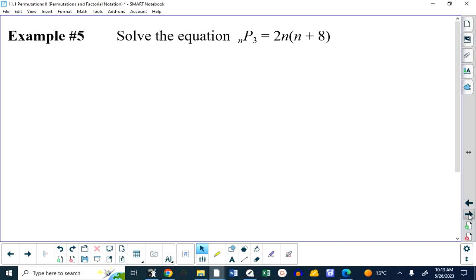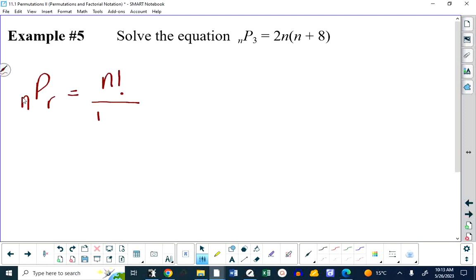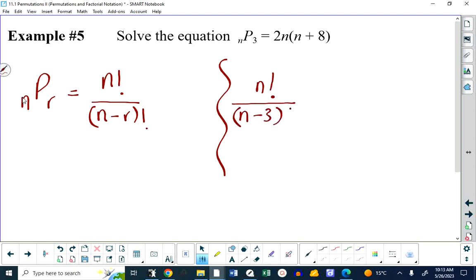In order for us to solve this, we have to look at nPr on our formula sheet as n factorial over n minus r factorial, and customize this equation using that formula. So we're going to have n factorial over n minus 3 factorial equals 2n times n plus 8.